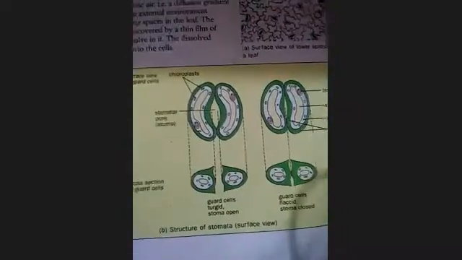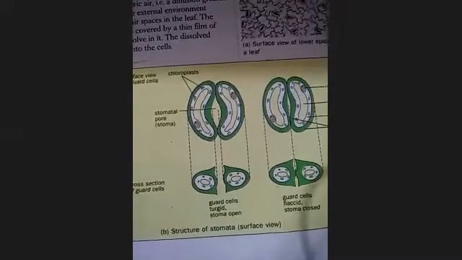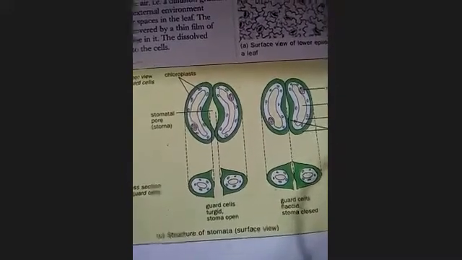If we look into the surface view of the lower epidermis, we can see lots of stomata there. Now, what is the structure of guard cells or the stoma, and how are they different from the epidermal cells? The stomata are present in the epidermal layer, and they are different from the epidermal cells.